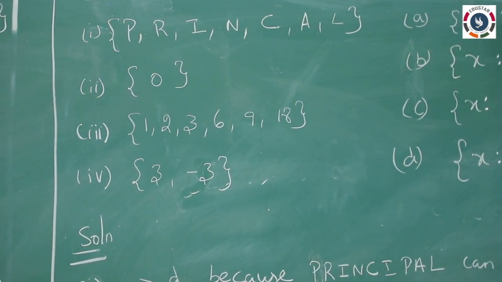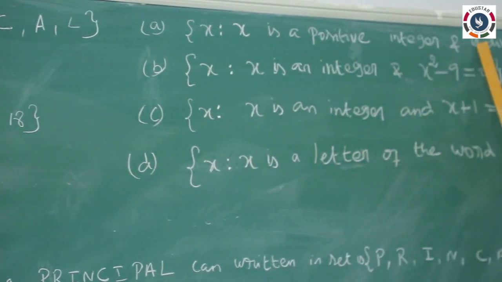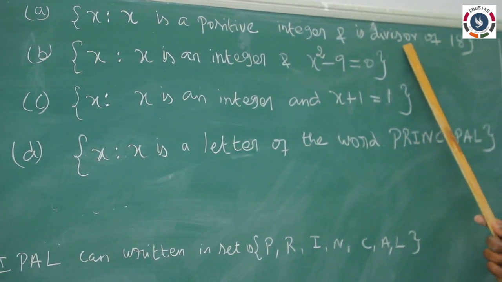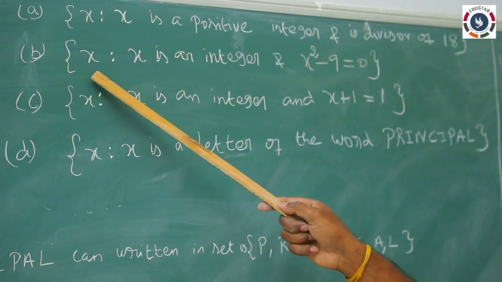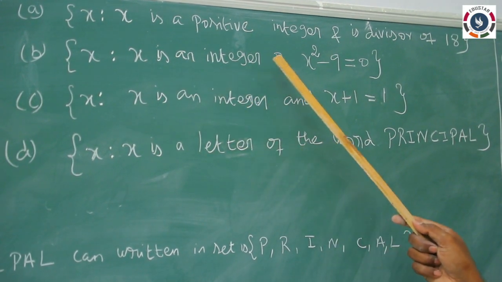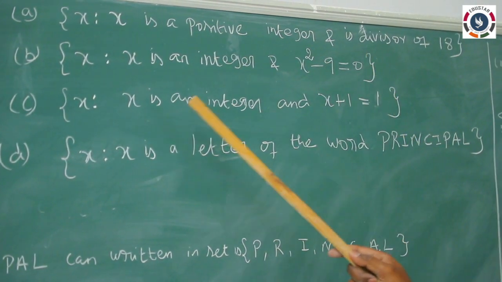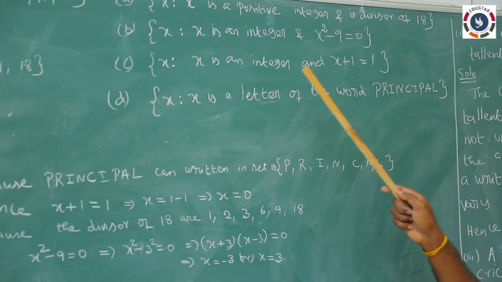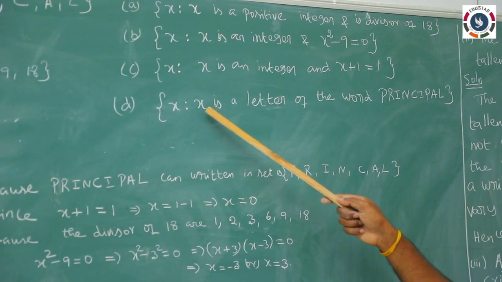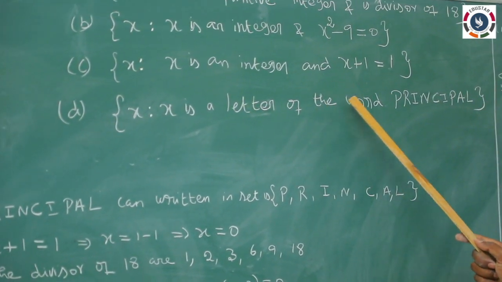On the right: x such that x is a positive integer and is a divisor of 18; x such that x is an integer and x square minus 9 equal to 0; x such that x is an integer and x plus 1 equal to 1; D, x such that x is a letter of the word principal.